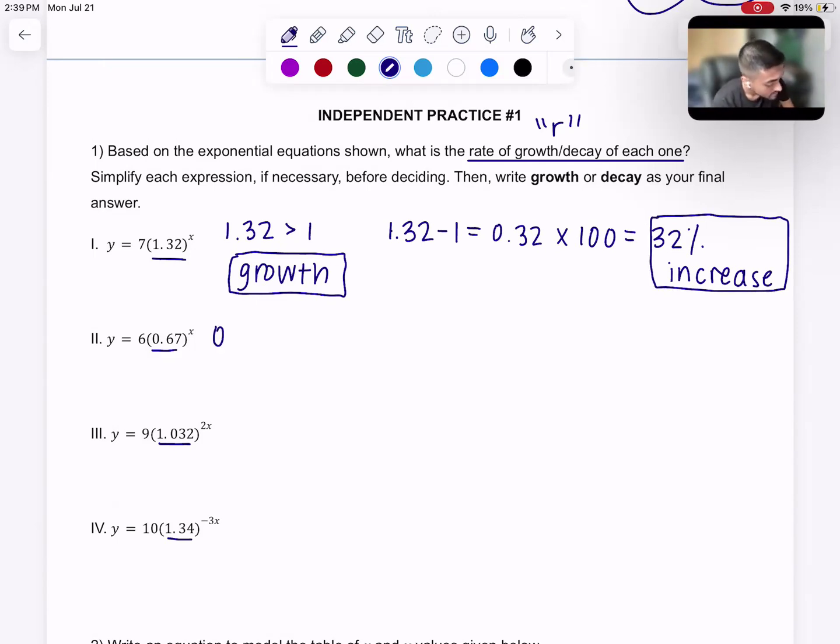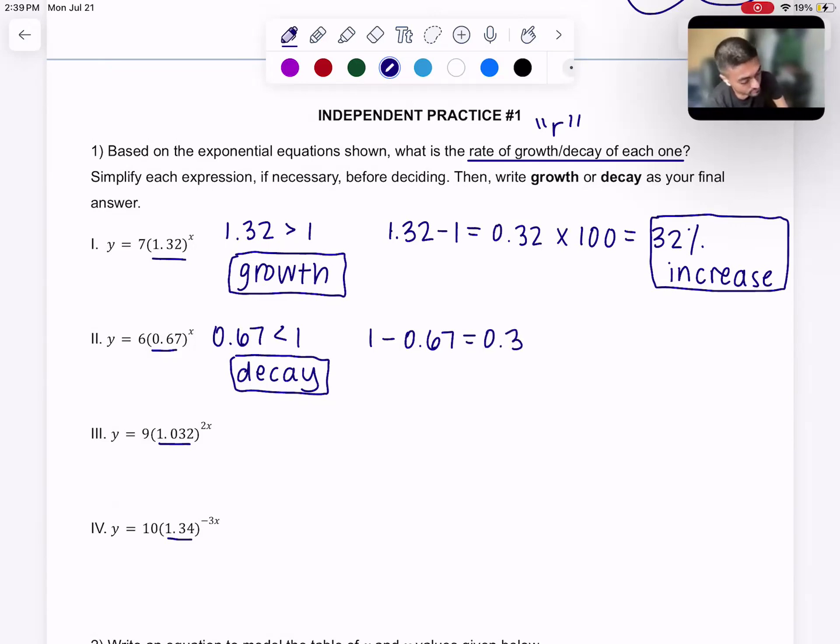Next, 0.67 is less than 1, so it decayed. The original percent went down. How much did it go down by? Well, it started with 1, it went down to 0.67. What's the difference? 0.33. Multiply it by 100, and we see it was a 33% decrease.